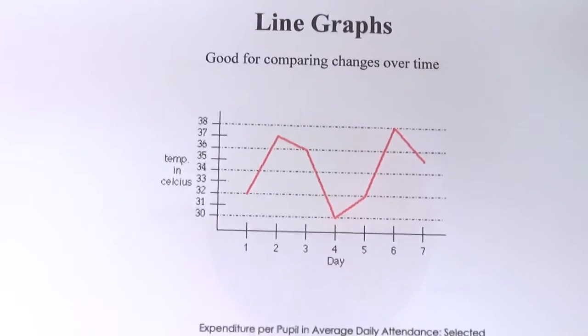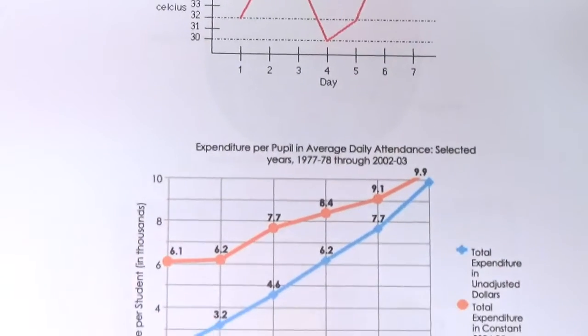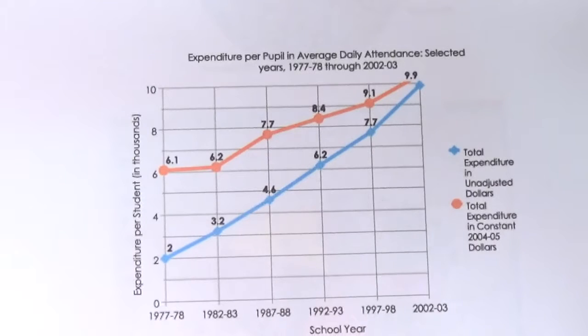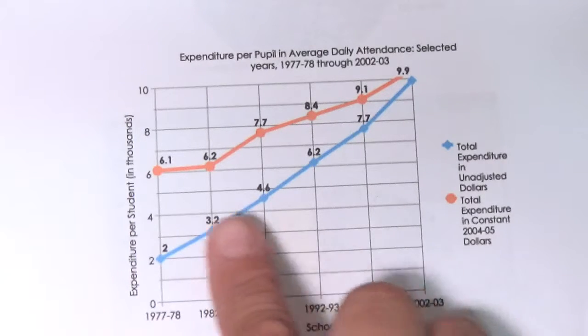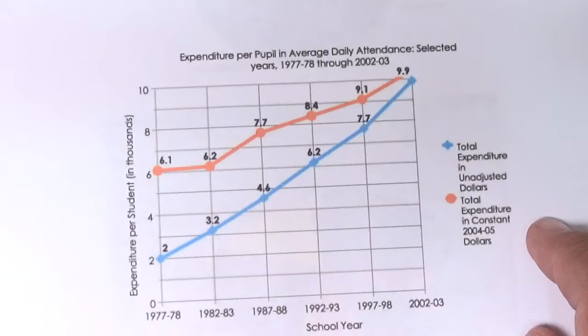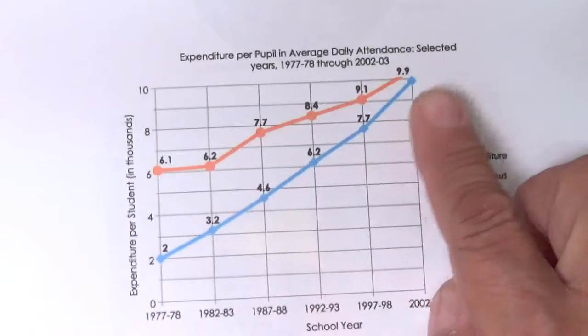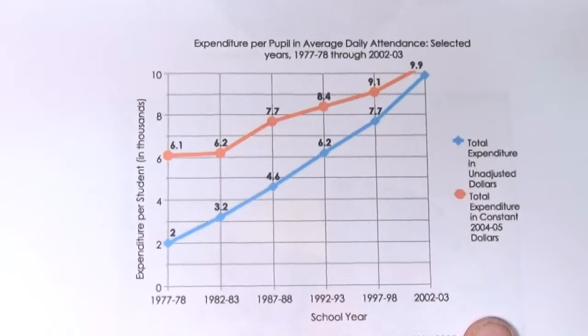Now you can of course have more than one line on the graph. So here's an example where we've got two different lines. One of them talks about the total amount in the orange, the other one the expenditure down here, and of course time is the common thing along the bottom.